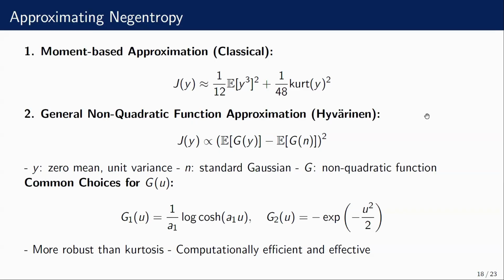It compares the expected value of G of y for the signal y and a Gaussian signal n. These approximations are both computationally efficient and effective, providing a more robust alternative to kurtosis. From these measures of non-Gaussianity, we derive the fixed point iteration update rule used in FastICA.